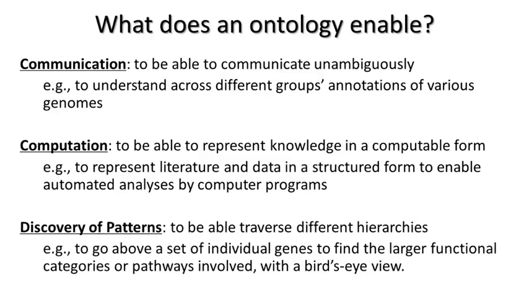Third, discovery of patterns across different hierarchies. The hierarchical structure of an ontology enables us to go above a set of individual genes to find the larger functional categories or pathways involved. It gives us a bird's eye view.